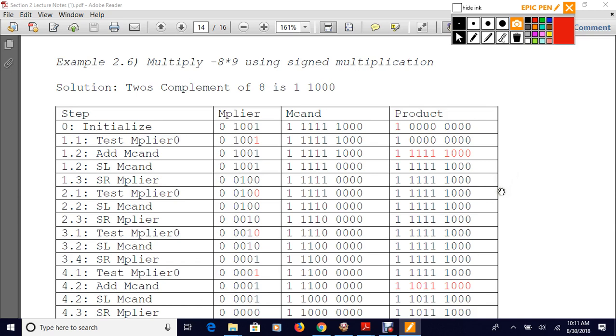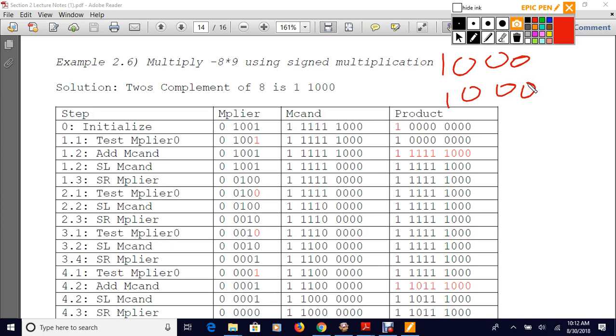Okay, so 2.6. Same kind of thing, -8 times 9. So basically, it's the same problem, except what you've done is multiplier is positive number, negative number is the multiplicand. So in this specific case, what you're doing with 8 is in this 4 digits, it actually just comes out to 100 again, because it comes to 011, you add 1, becomes 100.